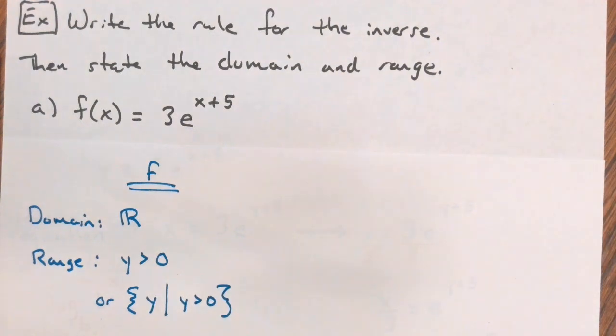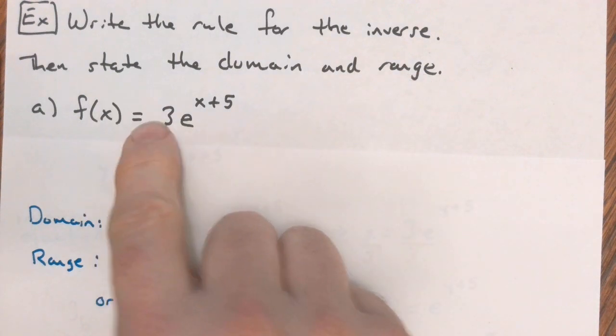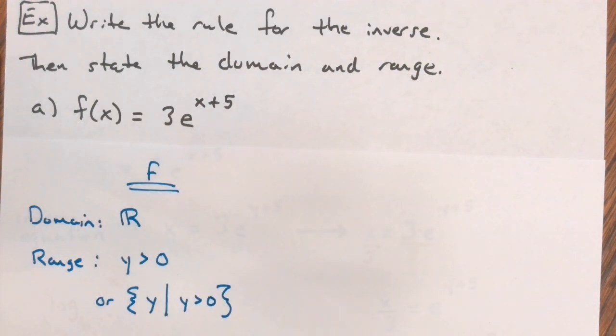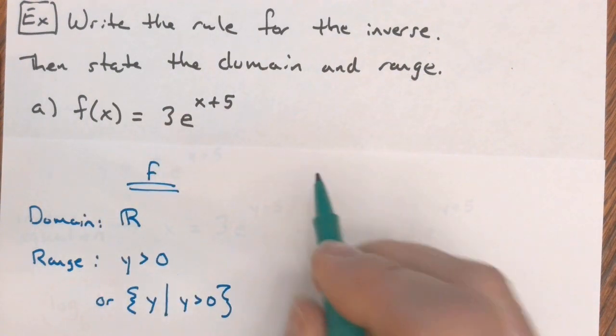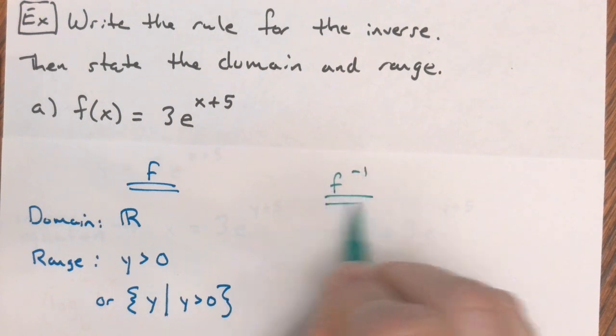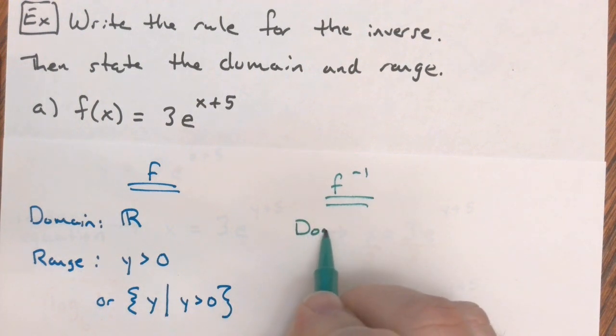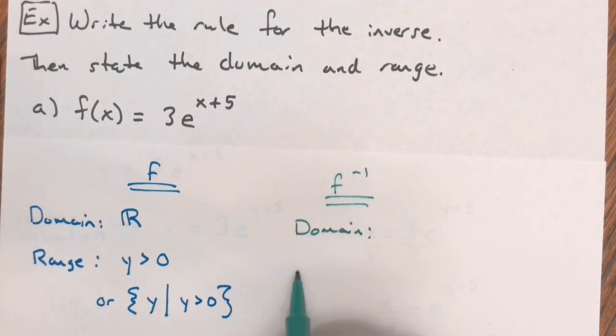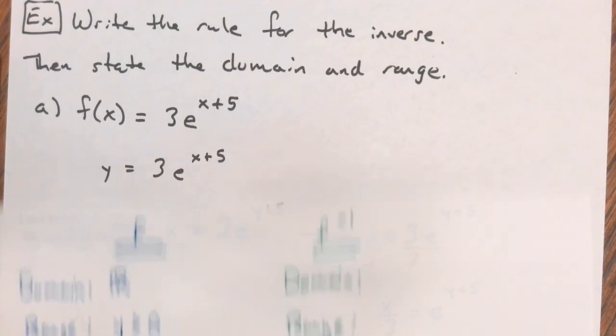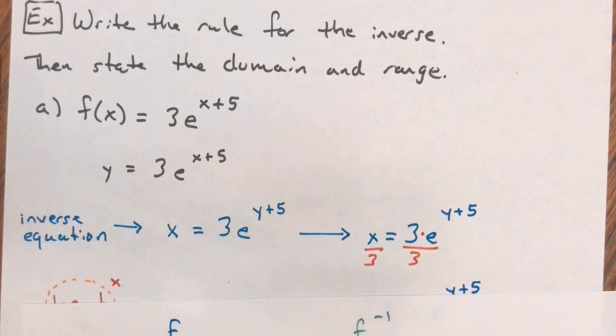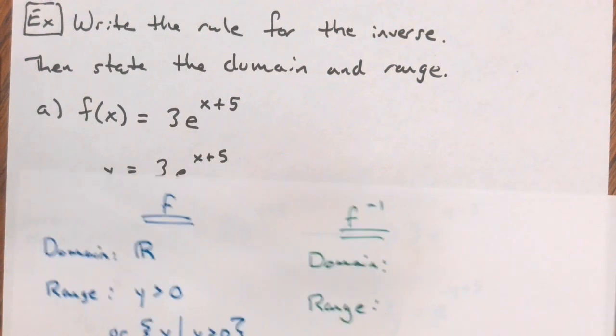So the directions were not to state the domain and range of the original, but of the inverse. So how does that work? Well, it's pretty easy once you've listed out the domain and the range of the original. Because when you go through and you calculate an inverse, you take the x's and replace them with y's, and y's replace them with x's.